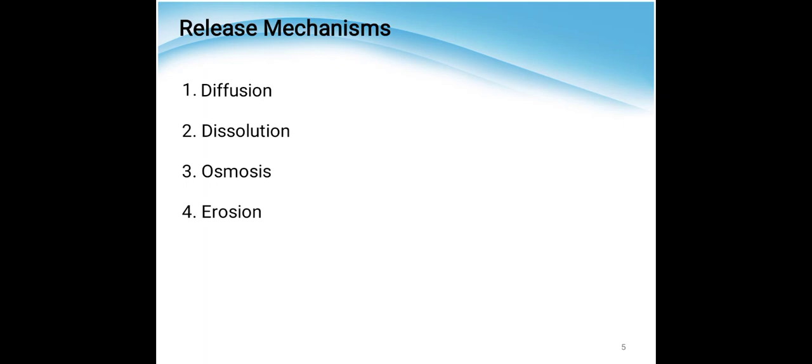My question is, what is diffusion? If a candidate does not have an idea of the meaning of diffusion, it is very difficult to understand the concept. Let us start with the definition. If someone asks you what is diffusion, your answer must be a flow from higher concentration to lower concentration.